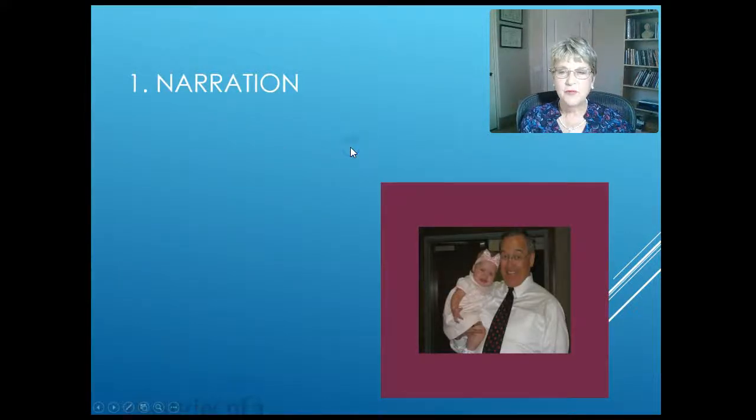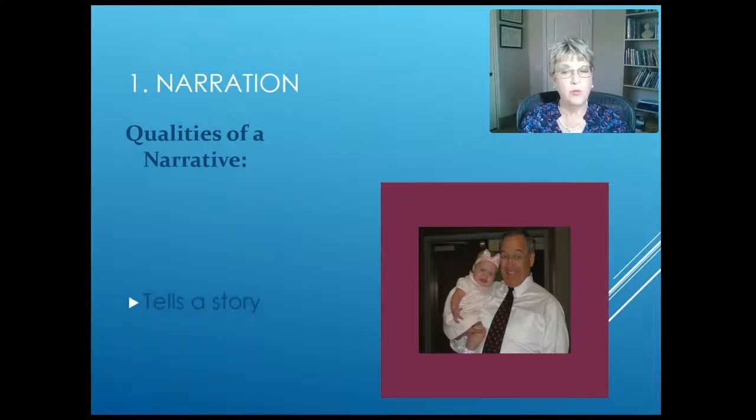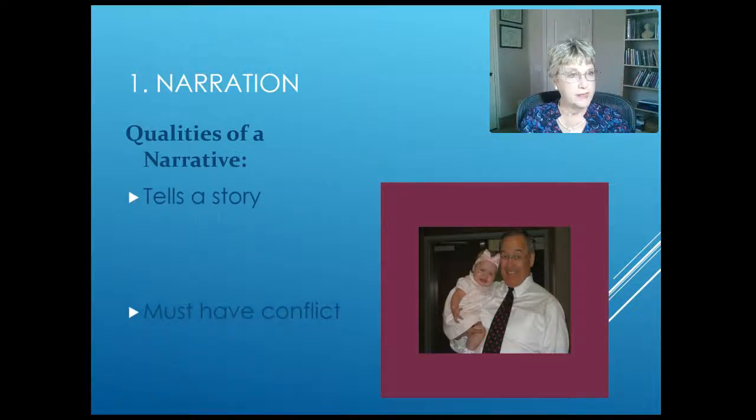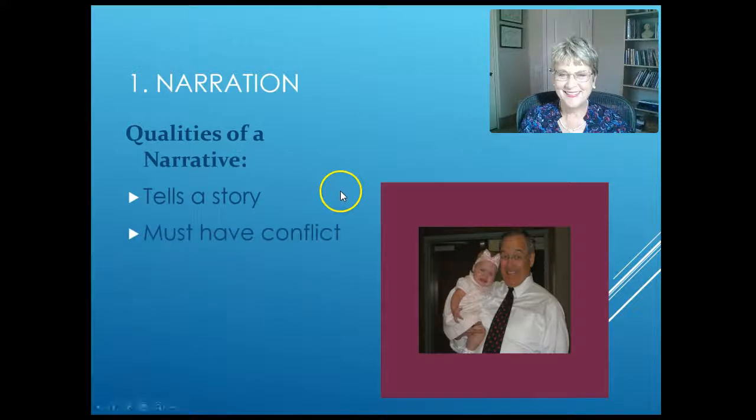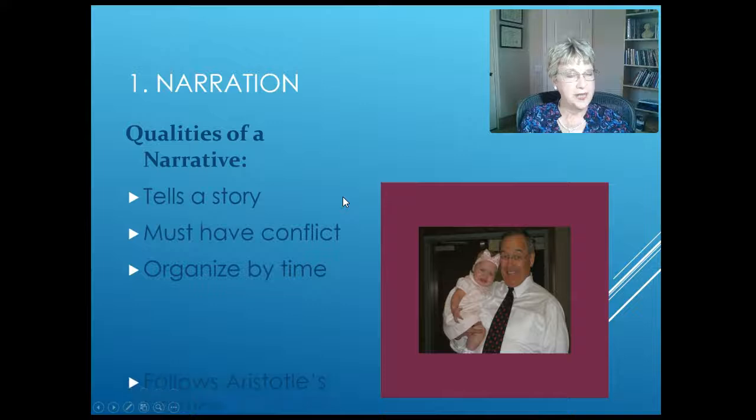Okay, narration is very attractive to the reader because we love stories. Now, here are the qualities of a well-told story. It must have conflict. It is organized by time.